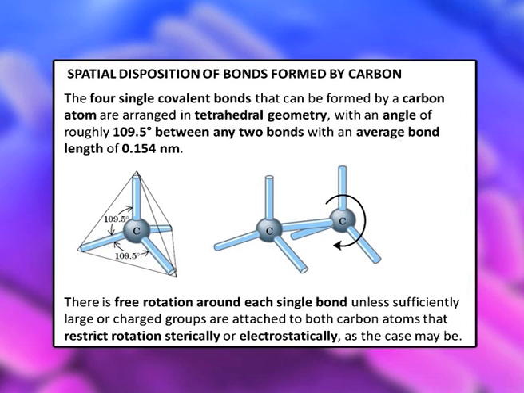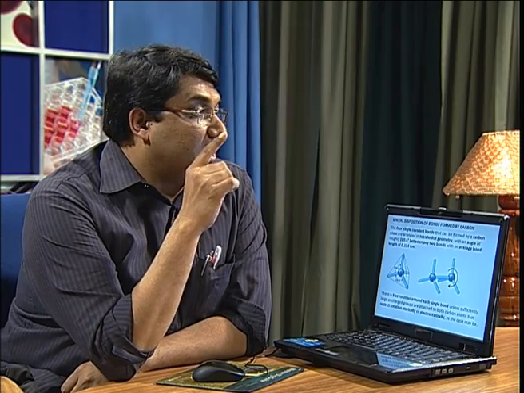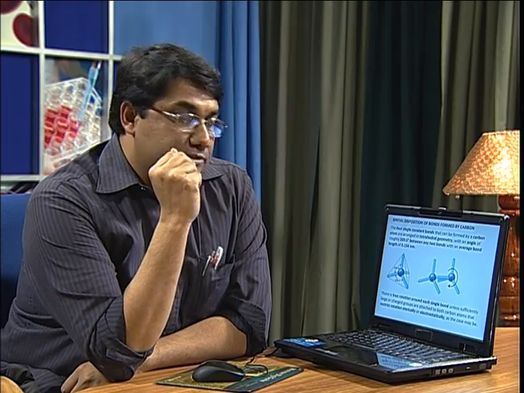Now, there is free rotation around each single bond like this, unless sufficiently large charged groups are attached to both carbon atoms so that the rotation around this bond is restricted either sterically or electrostatically.